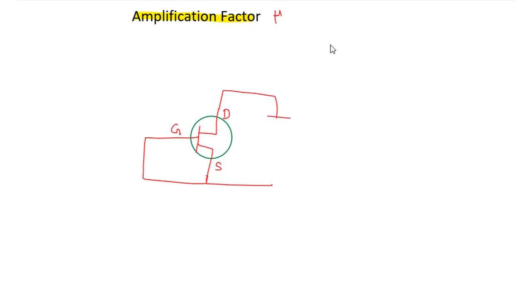So there is a battery. Now, I have already said the gate and source is short circuited. Now, suppose we increase the VDS, the voltage in between drain and source is increased. Then let us show the characteristics of this JFET.